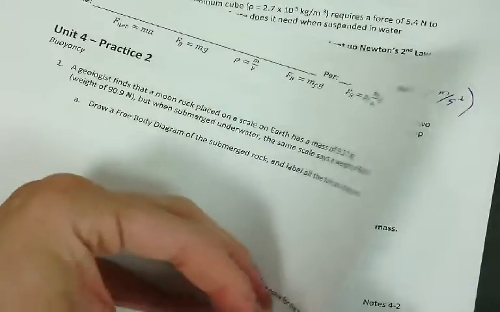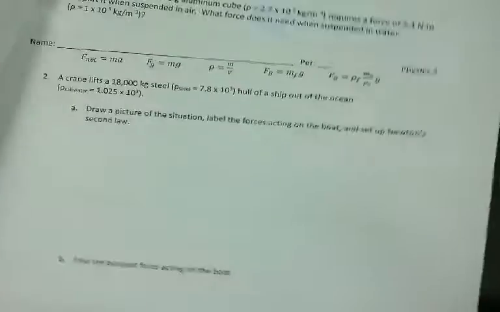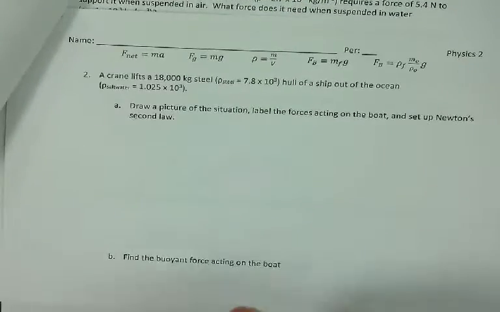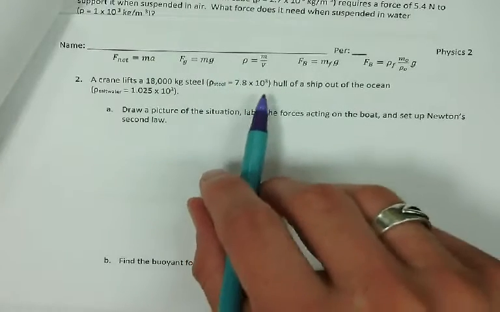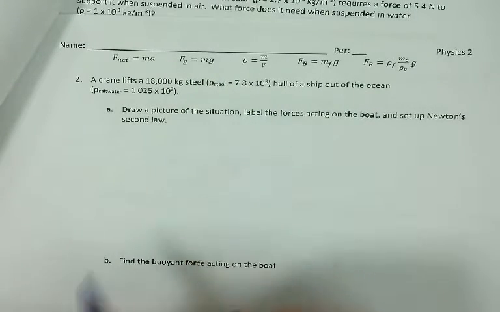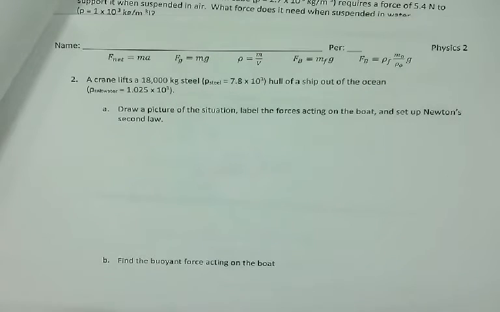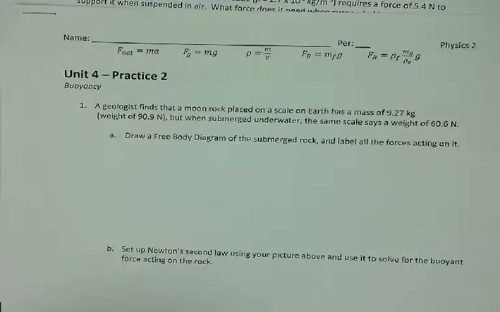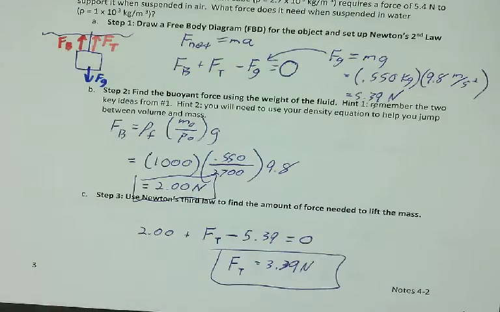This other one here on the back is very similar to the one we just did. Notice it does not say anything about acceleration, so assume the acceleration is 0. But this one does have a lifting force. Okay? So try those and see what you can do. That's your homework for next time. Also, practice 1 should be done, so make sure you finish that one as well.